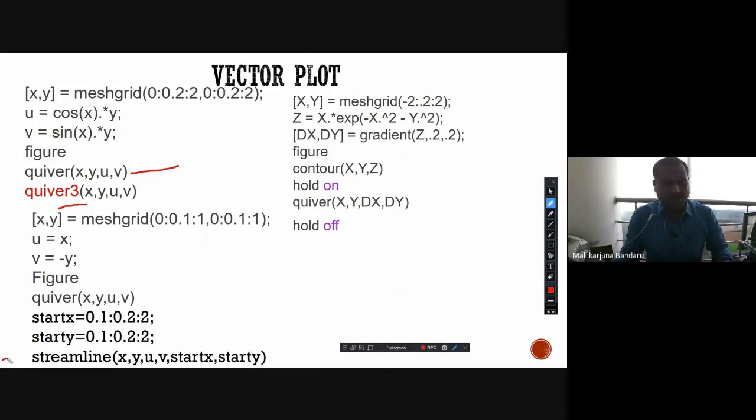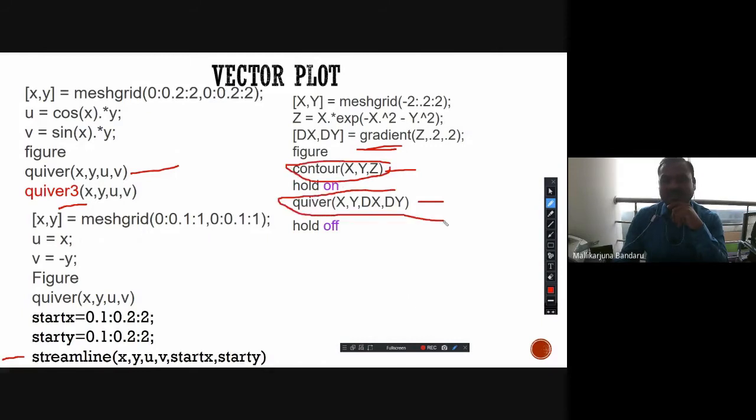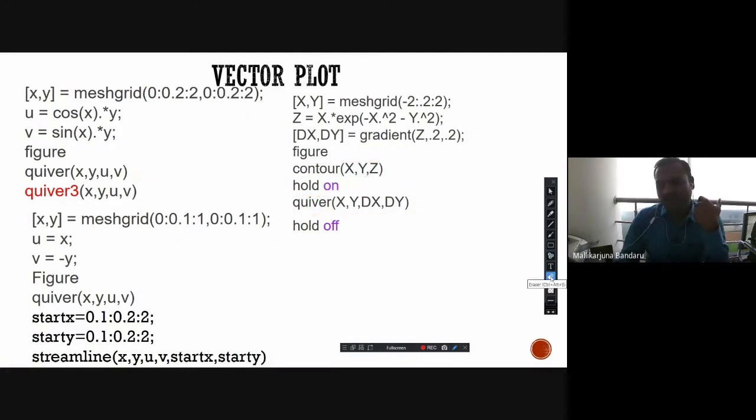Or if you'd like to visualize the gradient of a certain scalar point function, use the gradient option and use these two syntaxes, contour of xyz and quiver. Or you can use the streamline syntax itself in place of quiver. These are the vector plots. I'll share the PPT, then accordingly you will come to know what the various options are.